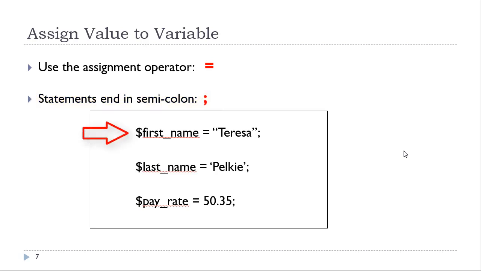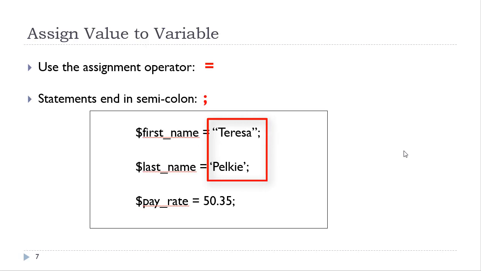Here's an example. $first_name equals "Teresa", semicolon. $last_name equals 'Pelkie', semicolon. $pay_rate equals 50.35.